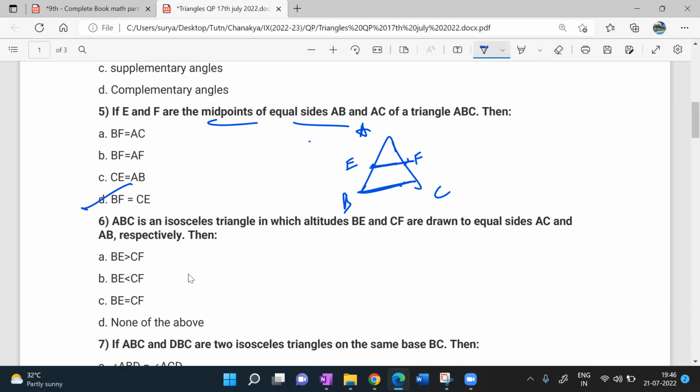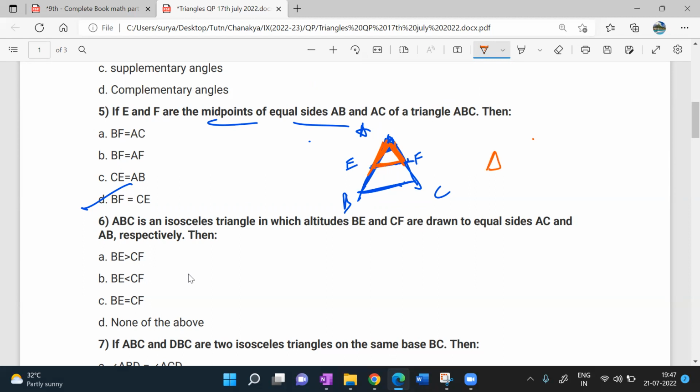Here AB and AC are equal sides. It's an isosceles triangle. So A is the common angle for both triangles, or not? Here AE and AF are half of the equal sides, or not?